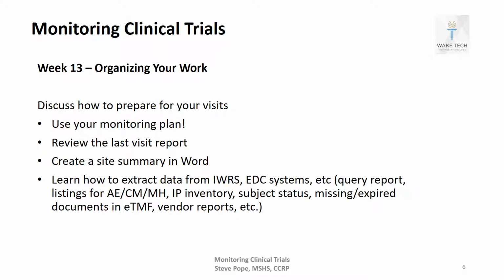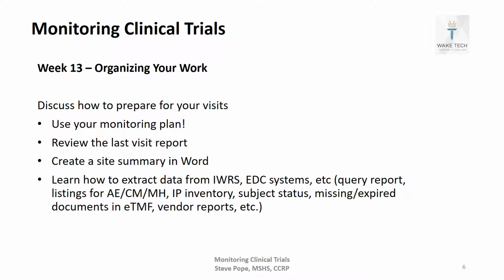And then finally, learn how to extract data and run reports from your IWRS system, your EDC system, and your eTMF system if you're using one. At the very least, I would run a query report to see if there are any outstanding queries. I would run a listing report out of the EDC system for adverse events, ConMeds, and medical history, because you're going to need those reports to help you do your source data verification.